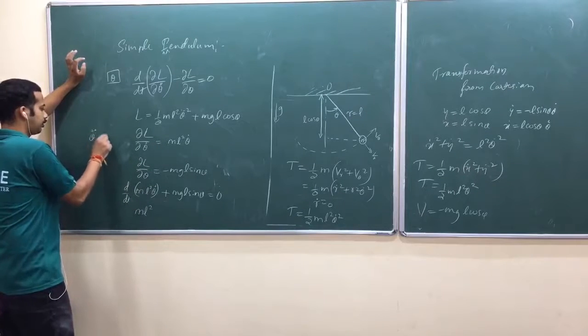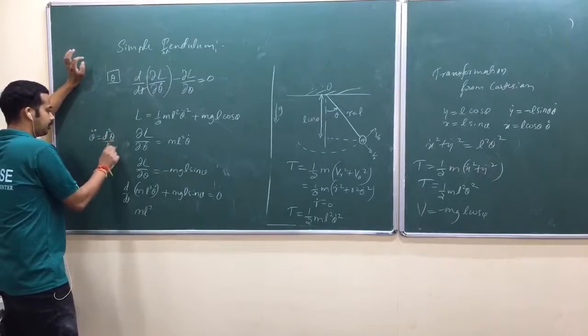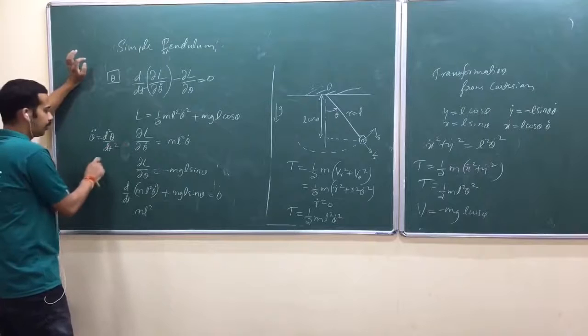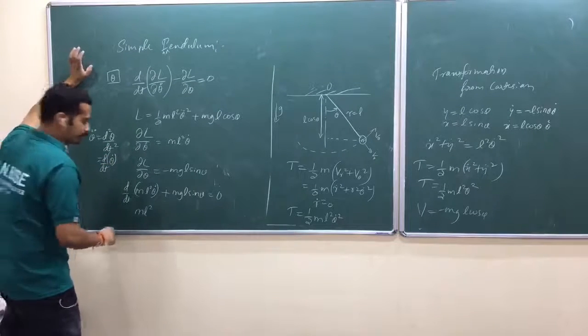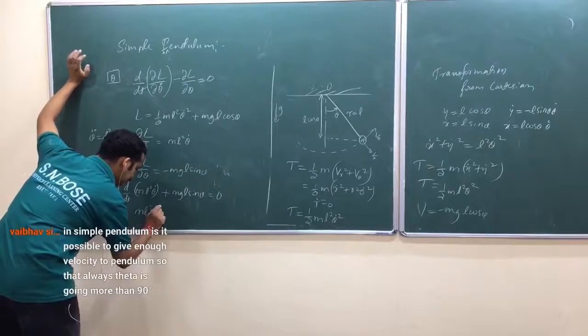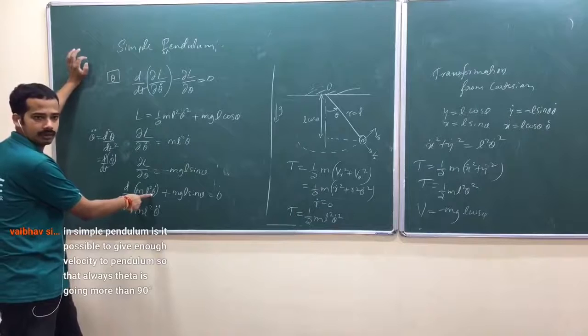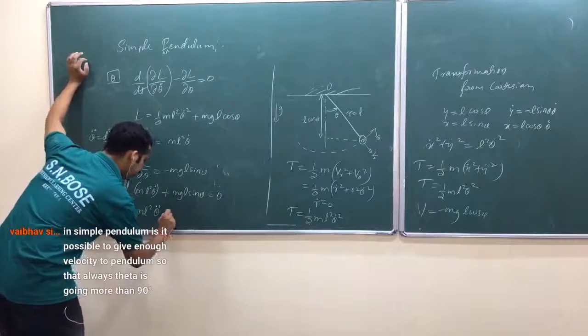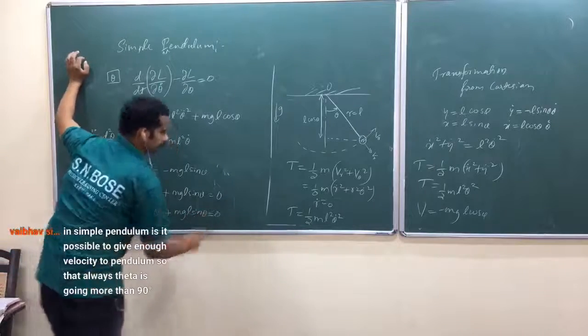Theta double dot is d square theta by dt square, or d by dt of theta dot. Is that okay? We write that one as theta double dot, one more derivative of already first time derivative. So plus mgl sin theta is equal to 0.